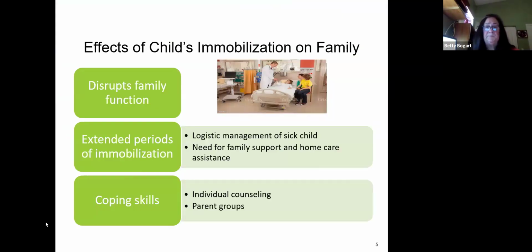It just happens. Another thing that happens, especially if you have a congenital child that for life is going to be requiring long-term care due to immobilization: osteogenesis imperfecta, brittle bone disease. That's something that, yes, you will be immobilized. Duchenne muscular dystrophy.